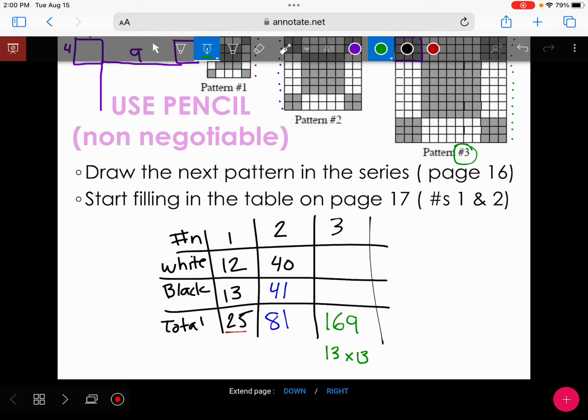What do we notice about the pattern there? Look at the values. Yeah, there's lots of things to notice here. What's different between the black and white tiles?